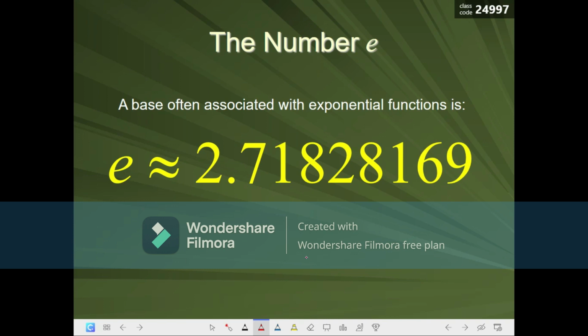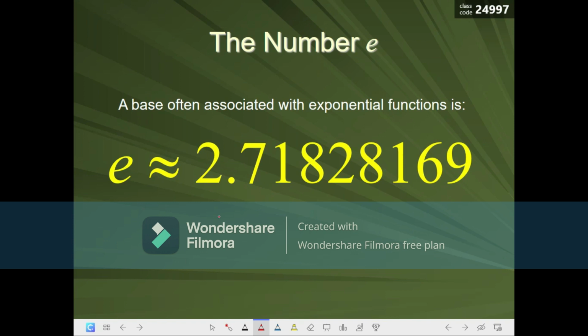In discussing exponential functions, you might encounter this letter e, a base often associated with exponential functions. I will just give you a quick introduction about this one, but we will not be using it, because it will be discussed further when we discuss logarithmic functions. So e is based on Euler, the mathematician, and it is approximately equal to 2.71828169.